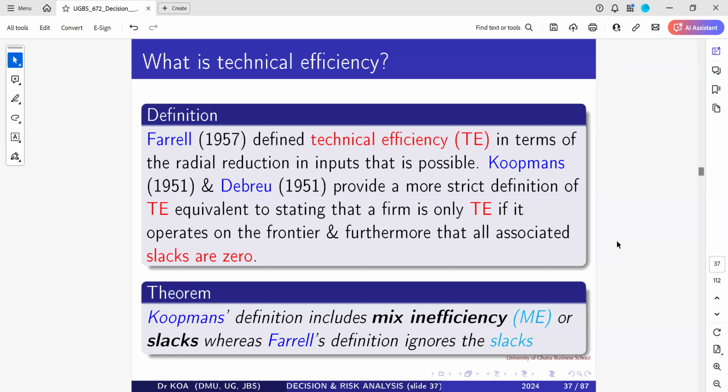one particular bank is not efficient. The reason why it's not efficient is that there is another bank, and I'm talking about two inputs. Okay, let's look at two inputs here. There is another bank that is using lesser of the two inputs than this bank, which makes Bank A inefficient, because within the same production possibility state, within the same technological environment, there is another bank currently, not in the past, that is using lesser inputs than this bank is using.